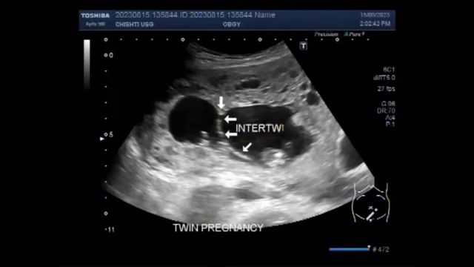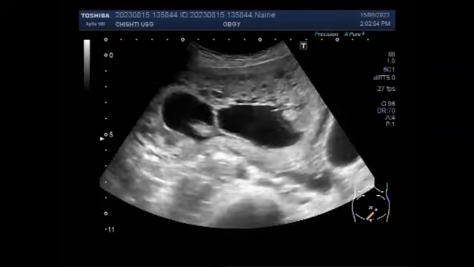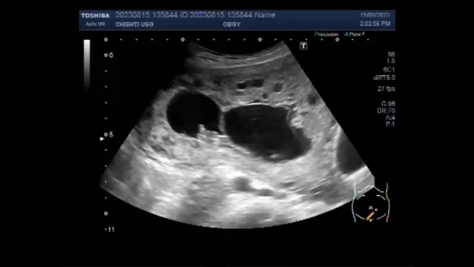Twin molar pregnancy, you can see the intertwined membrane and both the gestation sacs.